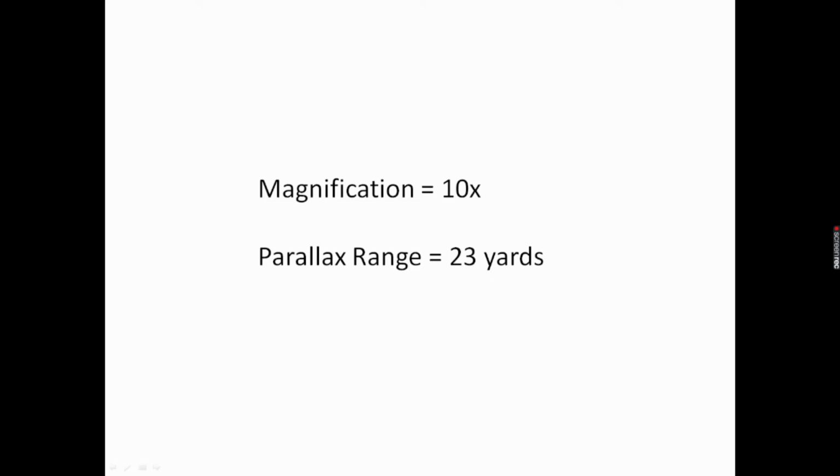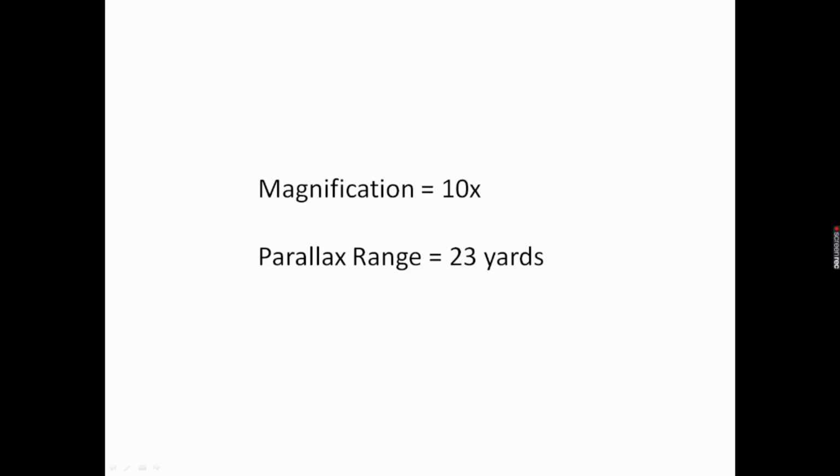Also, looking at the parallax range, considering that the maximum target distance that most of us shoot is 45 yards, 23 yards plonks your focus right in the middle of the course. So that should, in effect, give you an equal range of focus both at close range targets and the distant targets.